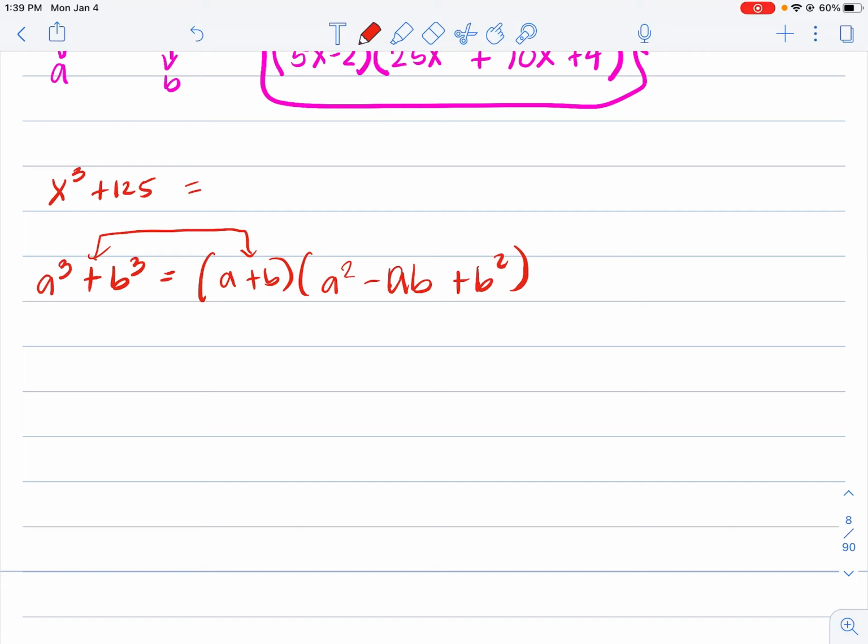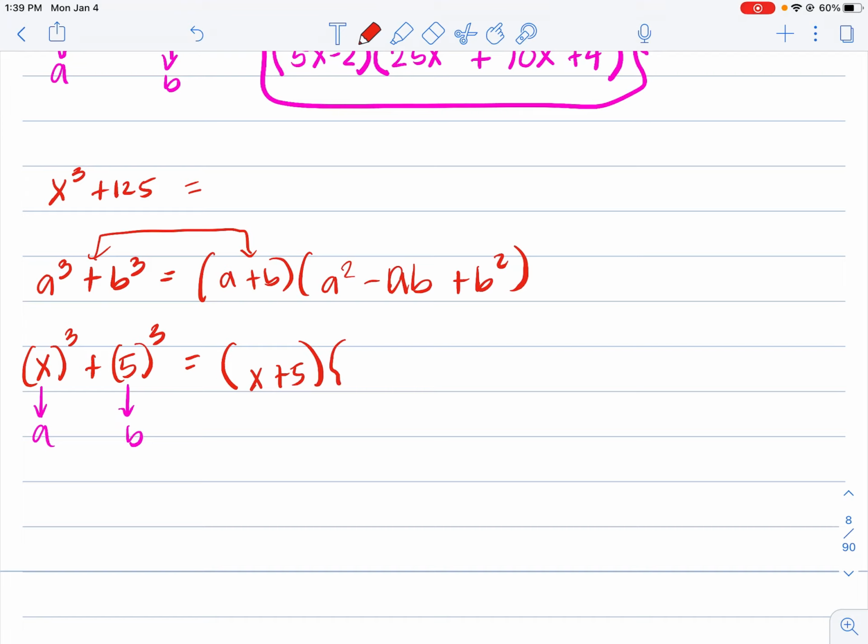And so we have x cubed plus 5 cubed, because x times x times x is x cubed, and 5 times 5 times 5 is 125. So technically, I just simplified it. And then I have a plus b, which would be x plus 5. Oh, I forgot to do that step. This is our a and that's our b.